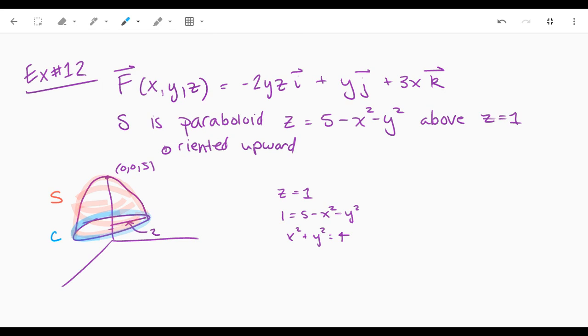And then this piece, just a second, I want to make sure that I'm doing it right. Yeah.